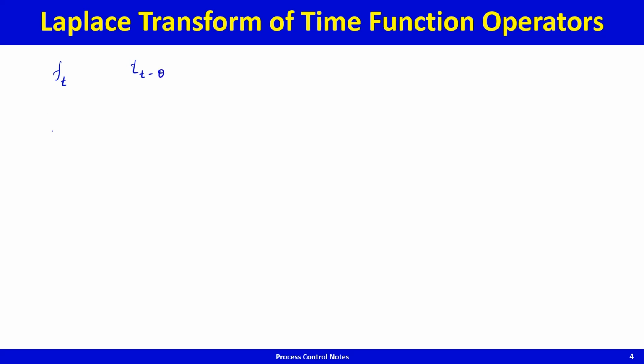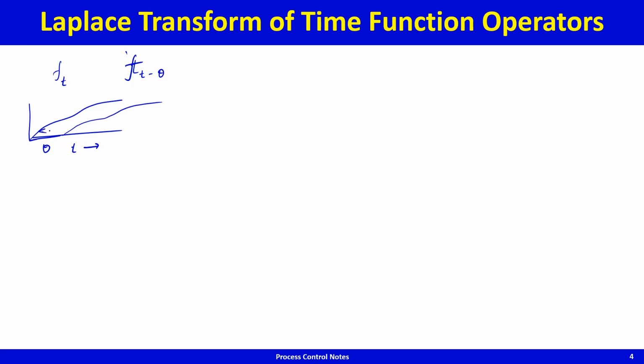So what this means is, if you have f of t, whatever, so you plot the function value with respect to time, and let's say the function is, I don't know, something like this. Then f of t minus theta is going to be delayed by theta, the same function.